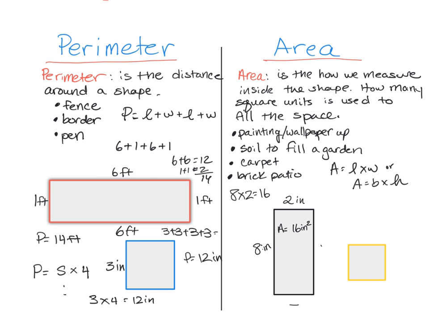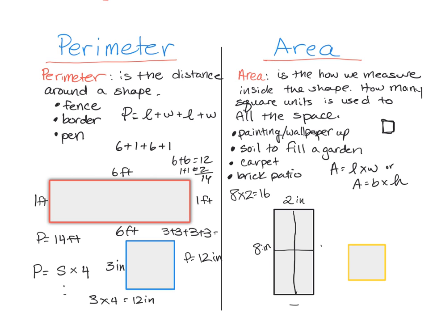Now, the biggest question I get is, why do I have to put that little 2? Well, you'll learn more about this in 5th grade, but when we talk about squared objects, a squared object is a square. So what we're saying is that inside this box, actually let me erase this and move it so I can show you something. We're saying that inside this box there are 2 boxes going this way and 8 going this way.